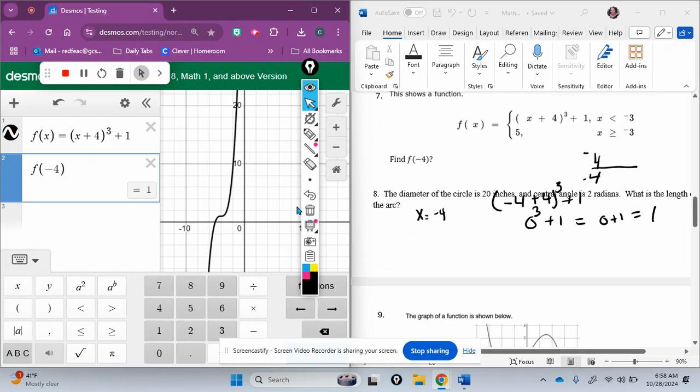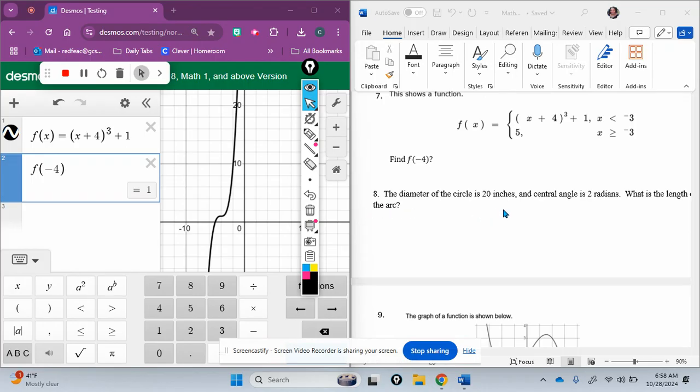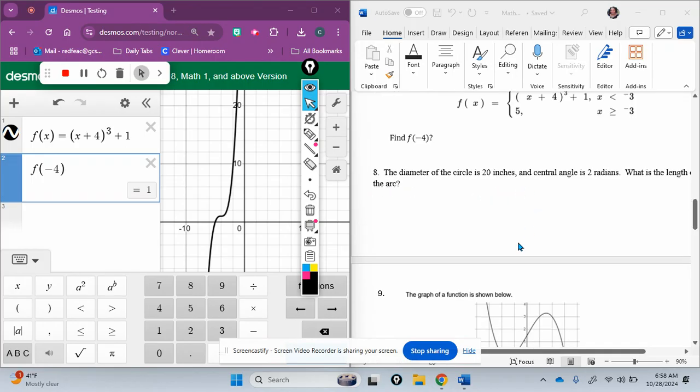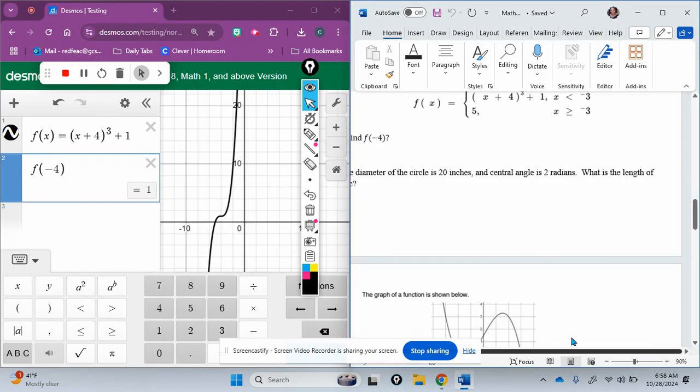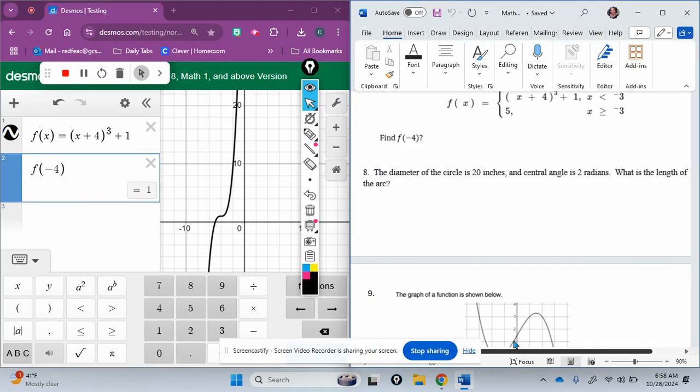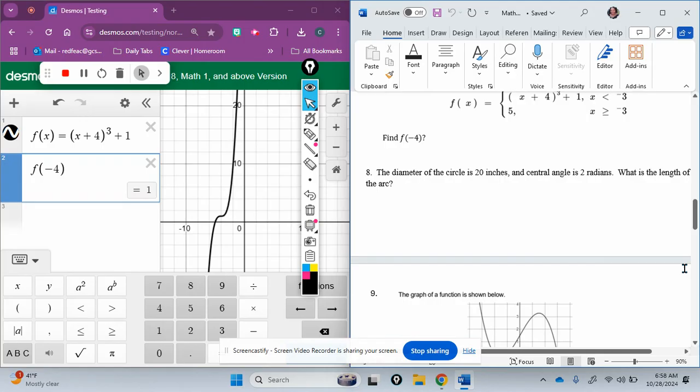All right, number 8. It says the diameter of a circle is 20 inches. The central angle is 2 radians. What is the length of the arc? I'm going to help you out with this one.